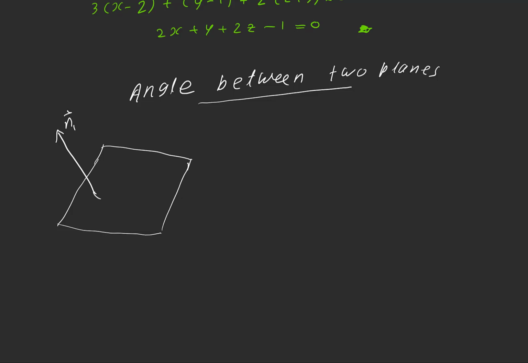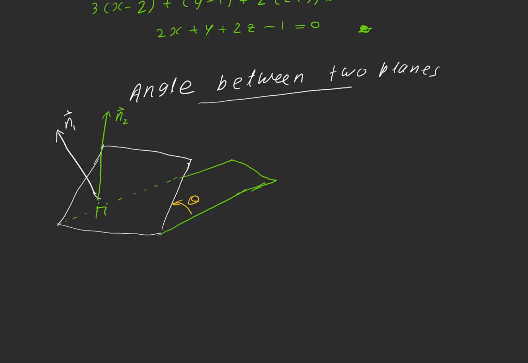Then we have another plane in this way. This is another plane, and its perpendicular vector I use like that, it is n2. So this is actually perpendicular to this plane, you know that.